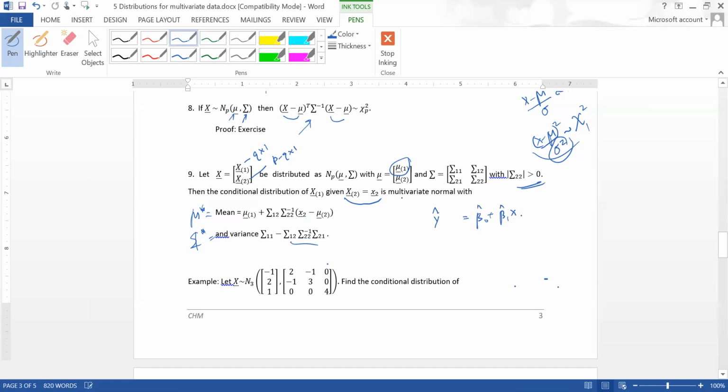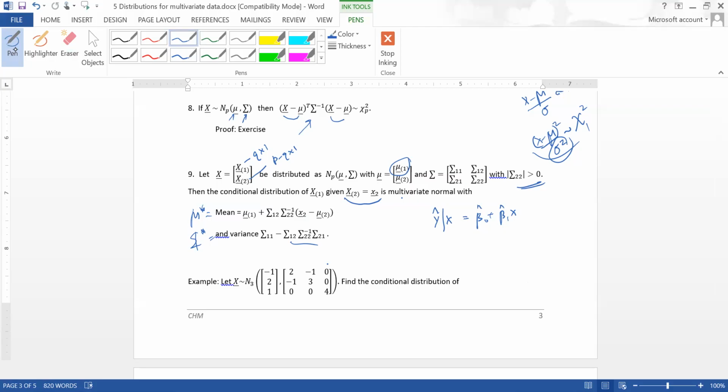Using the regression equation for given values of x, we find y. That's our objective. So if you write y given x, that's again the same thing, y hat for given values of x. That's our regression equation.